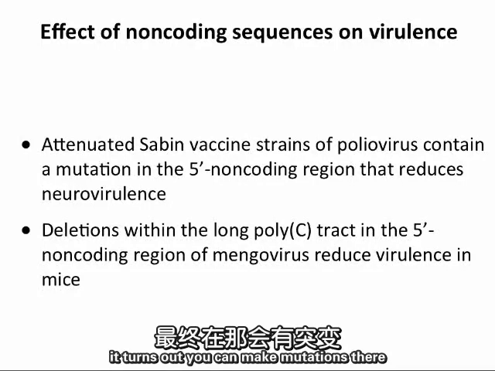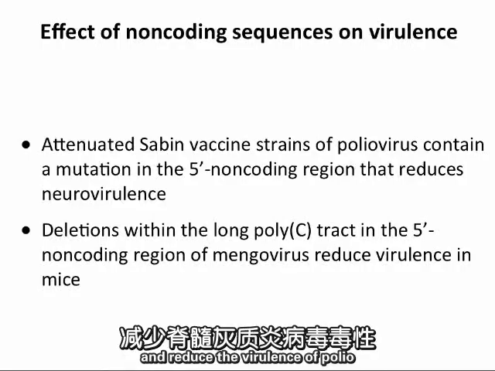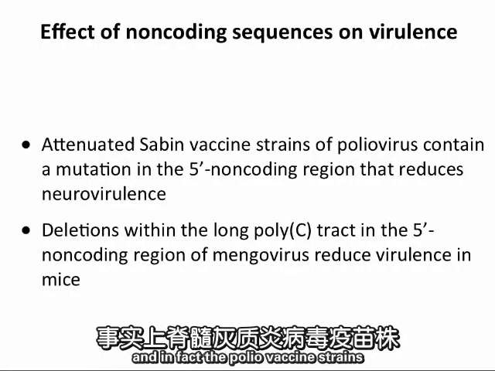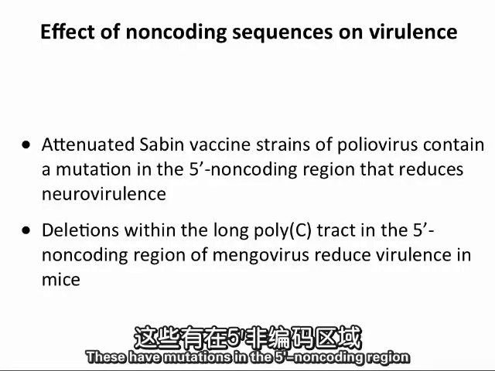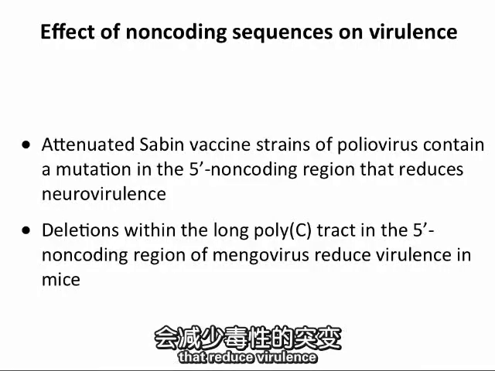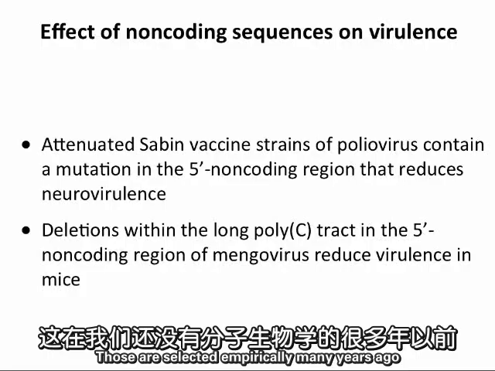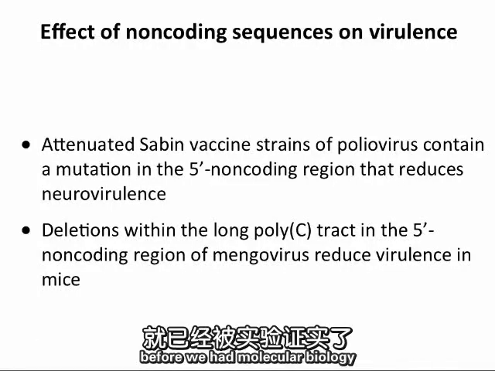It turns out you can make mutations there and reduce the virulence of polio. In fact, the polio vaccine strains that are now used in much of the world to try and eradicate polio have mutations in the 5' non-coding region that reduce virulence. Those were selected empirically many years ago, before we had molecular biology.